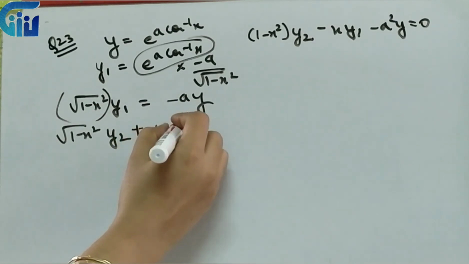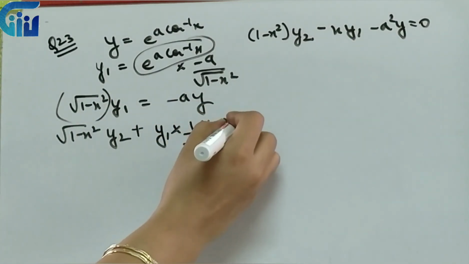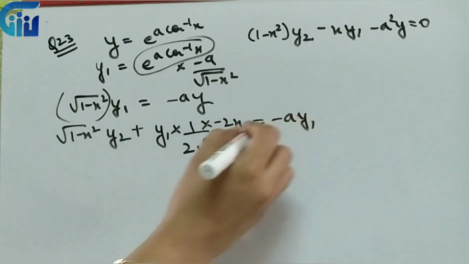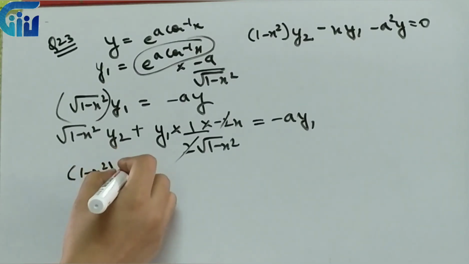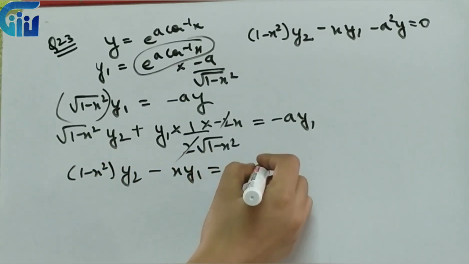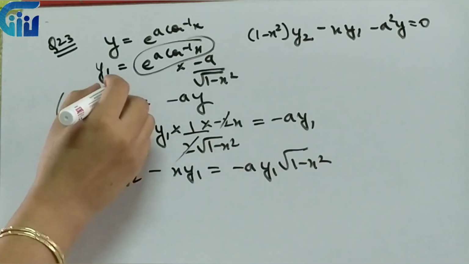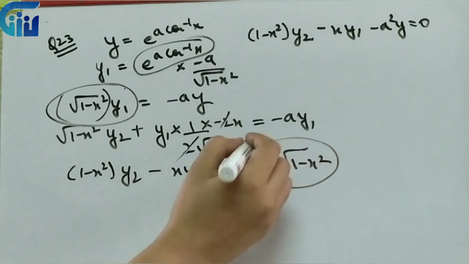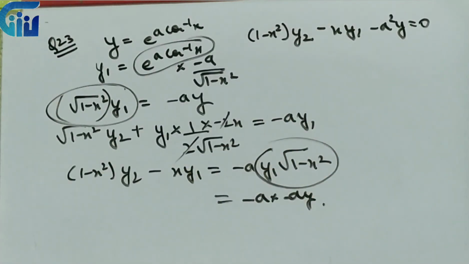Then y1 as it is, this is root x, the derivative will be this, and by chain rule it is this, so minus x y1. So this will get cancelled. If I take LCM, this will be 1 minus x square y2 minus x y1 is equal to minus a y1 upon under root 1 minus x square. So from here, this can be written as minus a y, and hence the result, right?